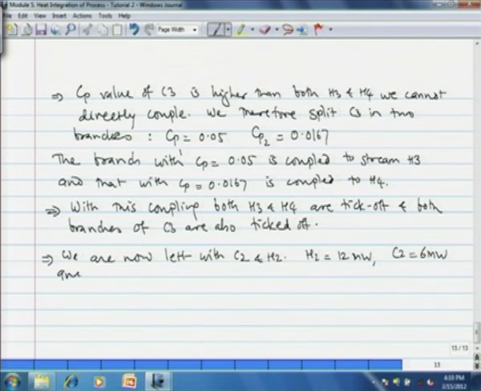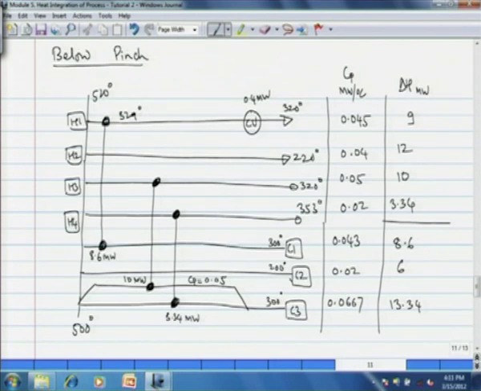And moreover, the Cp constraint is satisfied. You can see that the heat capacity of H2 is higher than that of C2. Okay. So, now you can easily couple these two streams H2 C2.